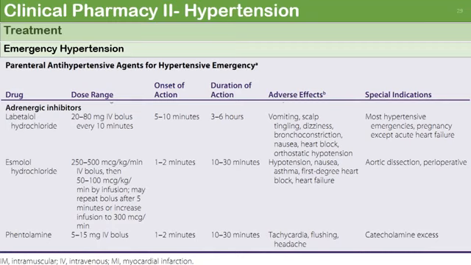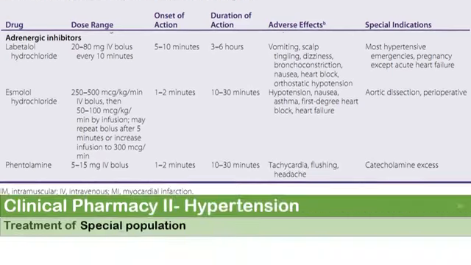Its problems include vomiting, scalp tingling, bronchoconstriction, nausea, and heart block. It is used even in emergency cases in pregnancy. Esmolol is another beta blocker, used in hypertension or perioperative aortic dissection. Phentolamine is an alpha 1 antagonist with rapid onset that causes tachycardia and flushing, with a special indication in pheochromocytoma.